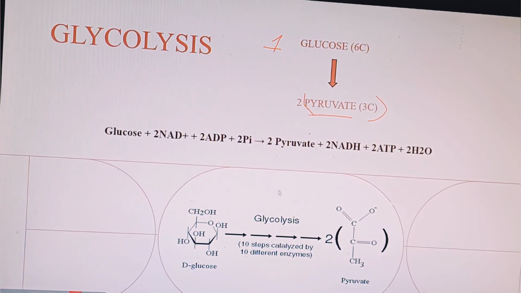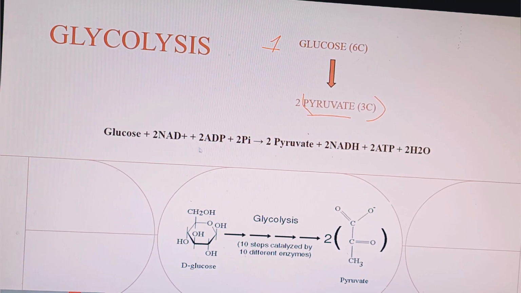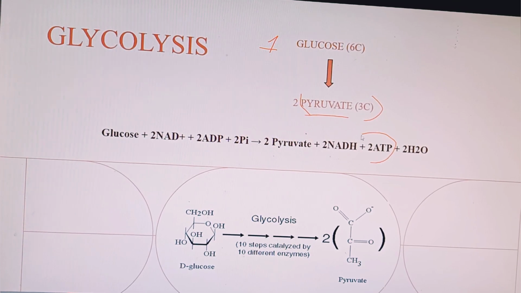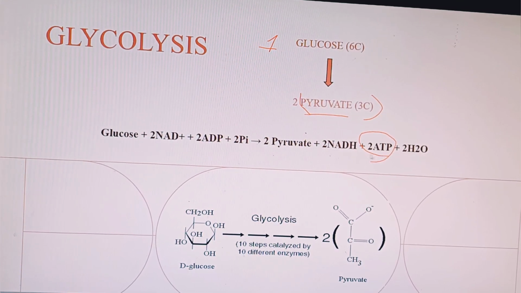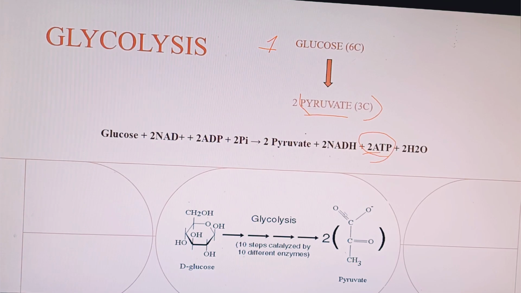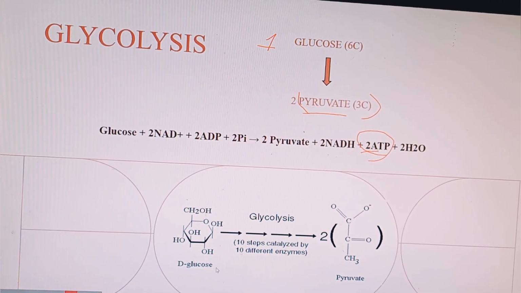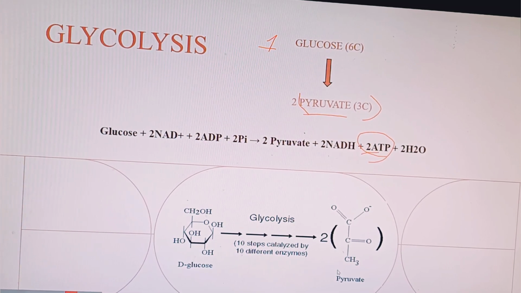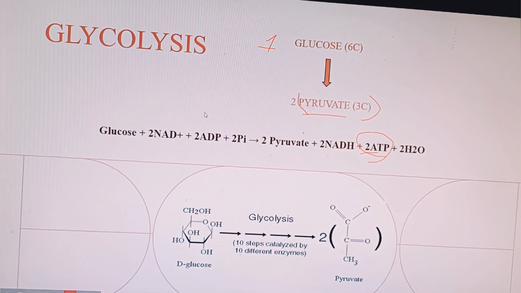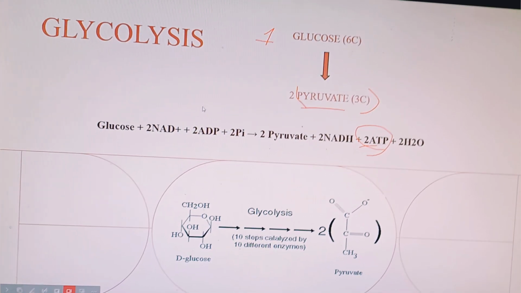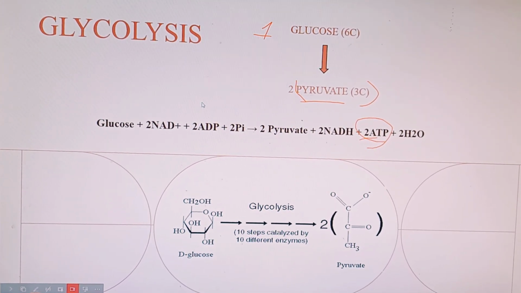So glycolysis consists of a series of enzymatic reactions that result in the net production of ATP and NADH. And ATP generated during glycolysis serves as a source of cellular energy. But the NADH cannot be directly a source of energy, so it plays a role in oxidative phosphorylation to produce some additional ATP molecules.